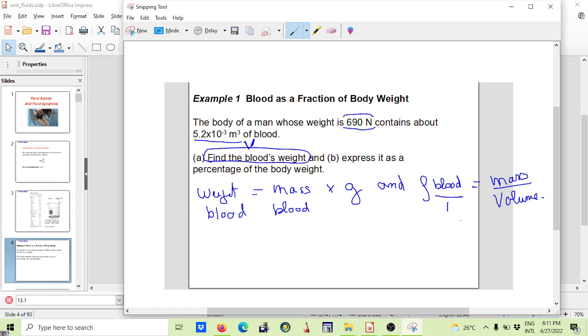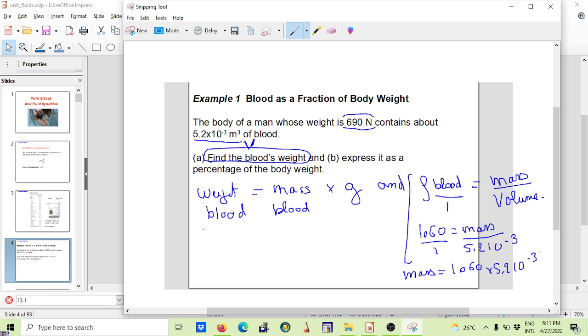So you can do it step by step. If you use that, you have 1060 equals mass divided by the volume of blood, which is given. So it's going to be 5.2 times 10 to the negative 3. So you cross multiply. The mass of blood is 1060 times 5.2 times 10 to the negative 3.